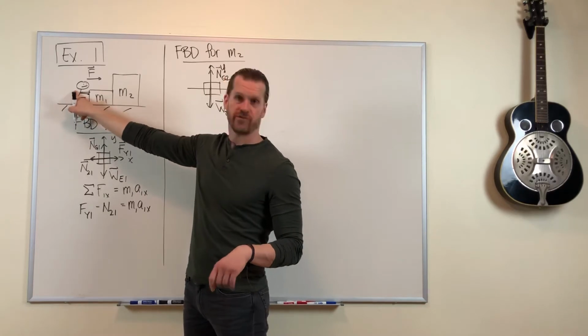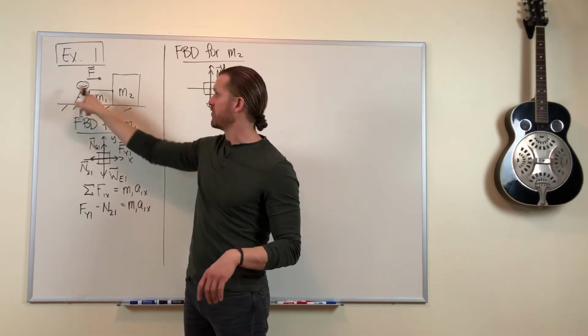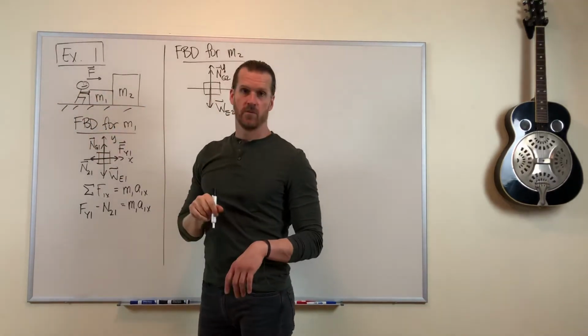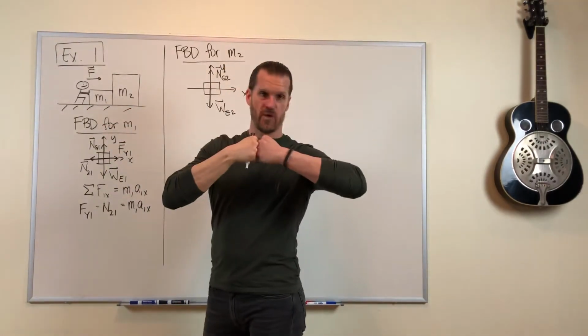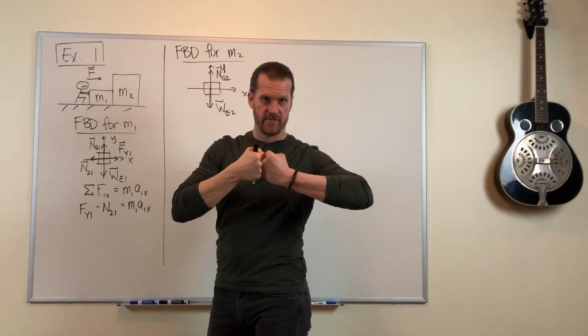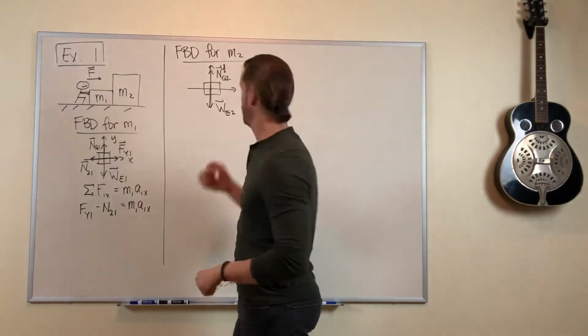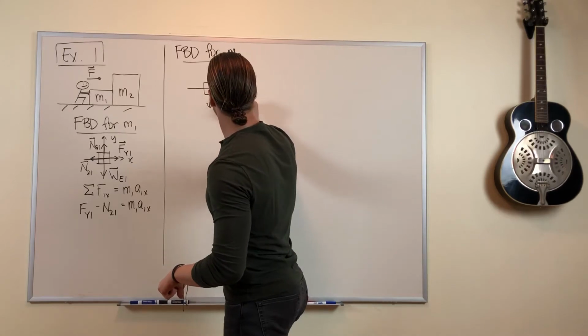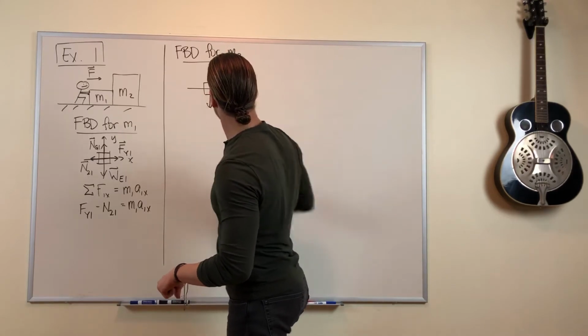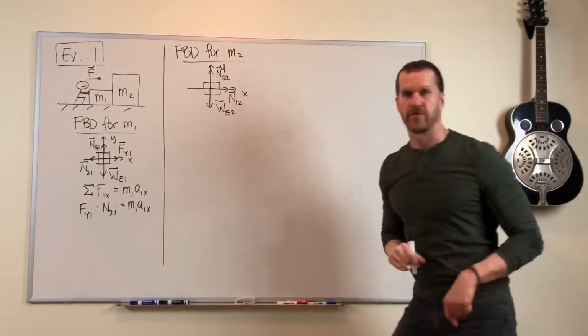It's not the push, because you are not directly touching mass 2. What's directly touching it is mass 1. And those are two objects in direct contact. There's a normal force between them. So here is normal force of mass 1 pushing on mass 2.